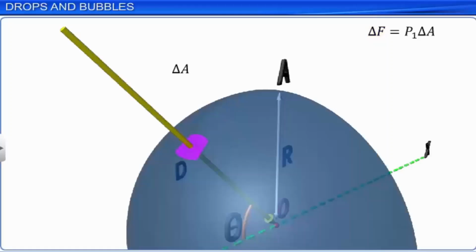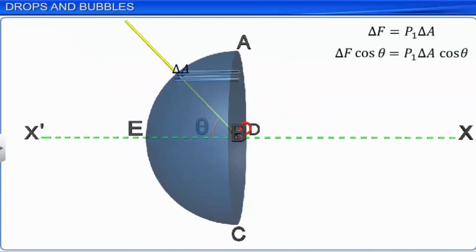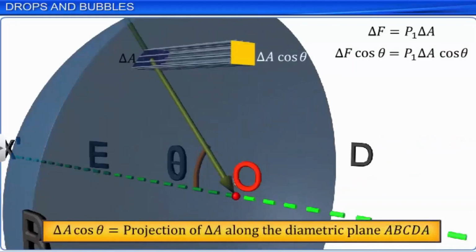If the radius through delta A makes an angle theta with the x-axis as shown, the component of force along the x-axis is delta F cos theta, which is equal to P1 delta A cos theta. The term delta A cos theta indicates the projection of delta A along the diametric plane ABCDA.